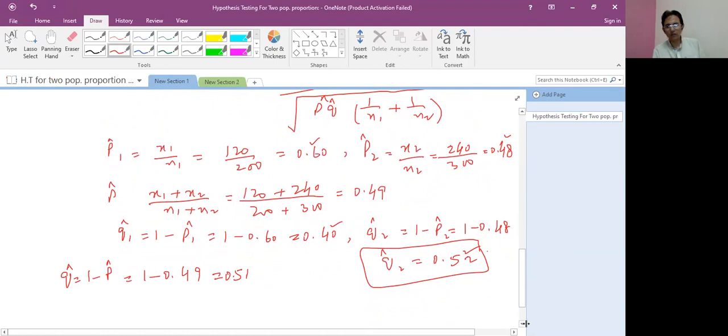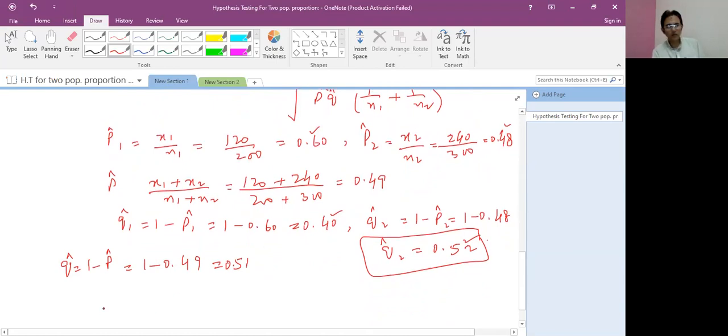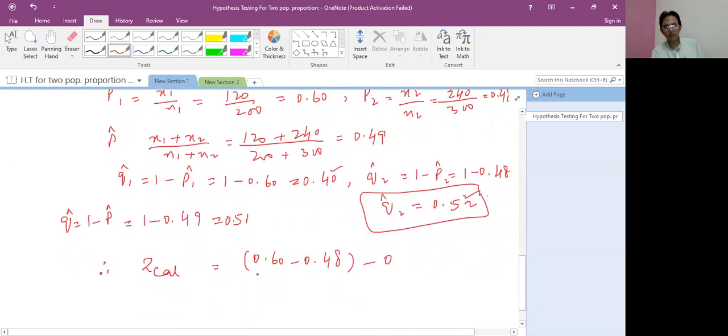So all these values, student, we put in the above formula. Z calculated is 0.60 minus 0.48, that is P1 cap minus P2 cap, minus 0, because according to the hypothesis P1 minus P2 is 0, upon the square root of 0.49 and 0.51 into (1 upon 200 plus 1 upon 300).